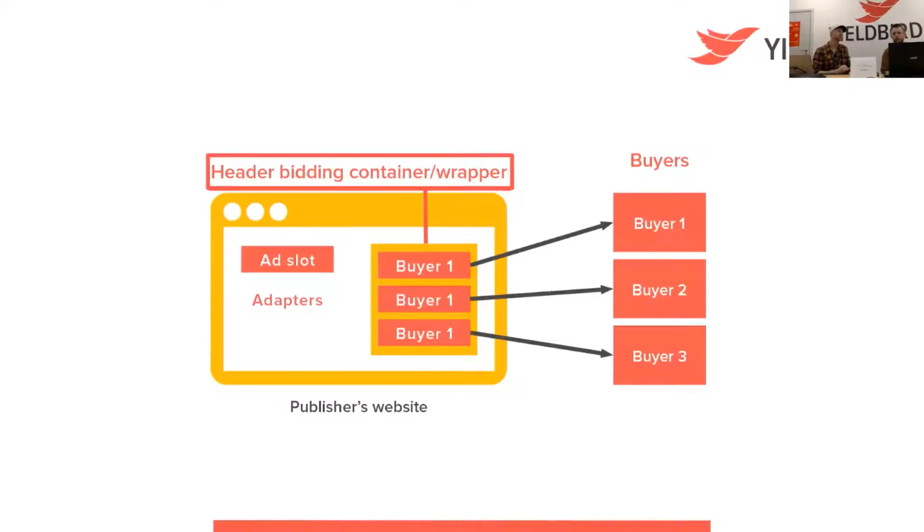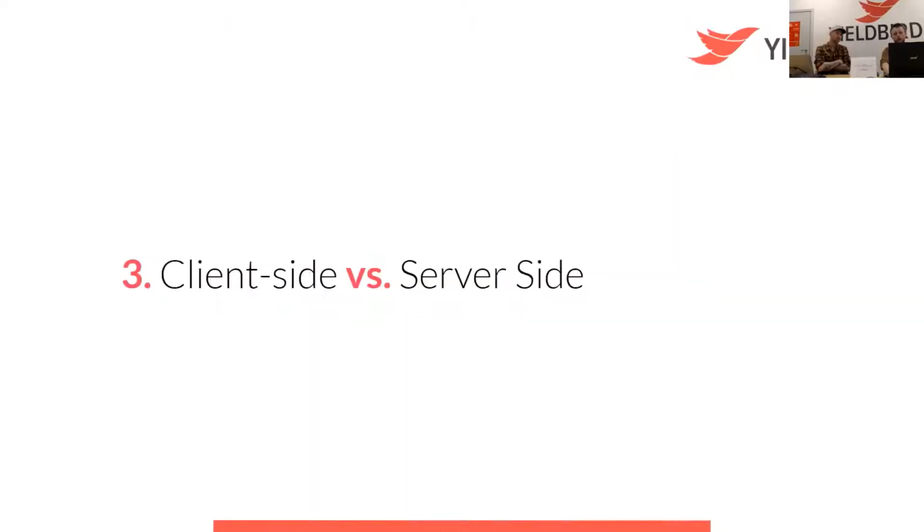So basically the header bidding container contains all the buyers, right? And it's run from the external JavaScript that is happening outside of the page. The JavaScript is located in the head, and it's basically communicating between the bidders and the page. So this is what creates the simplification. The next thing that started happening, of course, after header bidding was wrapped and simplified, was the introduction of server-side header bidding.